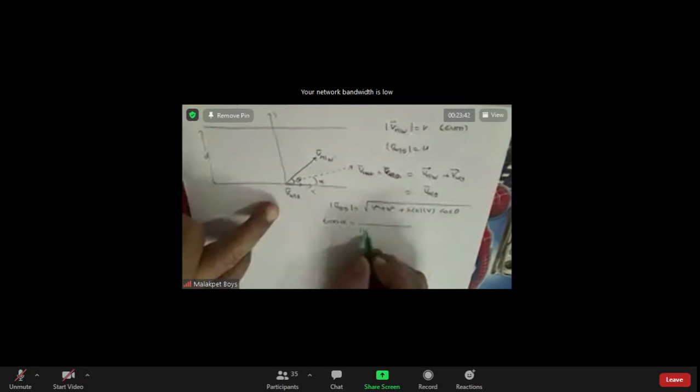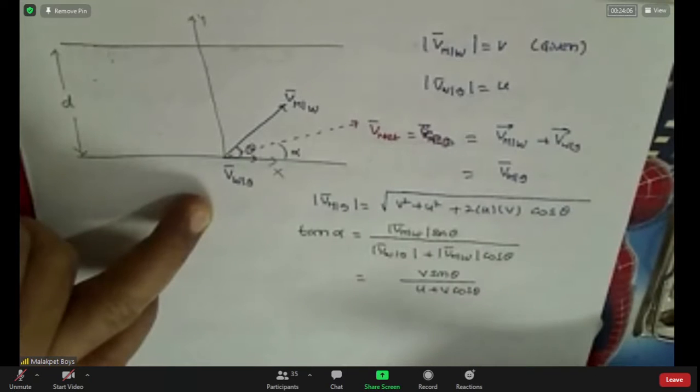And suppose we need the angle also, with what it is making. Do you agree with this?